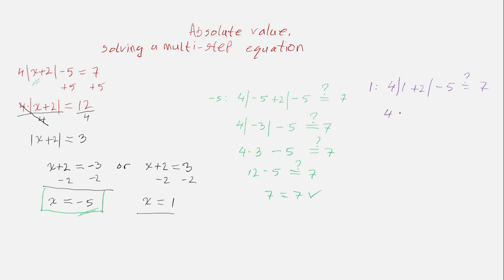So we have 4. 1 plus 2 is 3 minus 5. And you could probably already see how this is going to work, because now we are having the same thing that we had right here. Absolute value of 3 is 3, so this is 4 times 3 minus 5 equals 7. And this is exactly the same line as this one, which means we'll get 12 minus 5 equal to 7, and we get 7 equals 7.